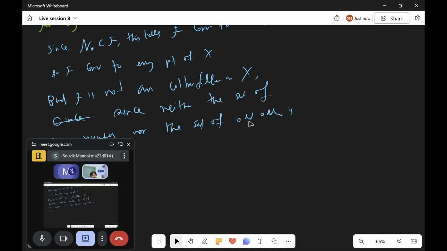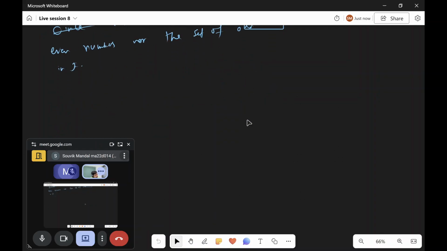If this is clear, then please go to the next question, namely: let (X, tau) be a topological space which is not discrete.